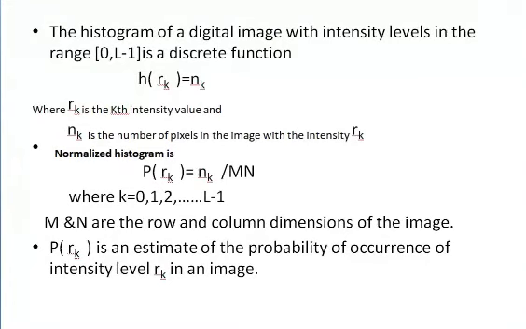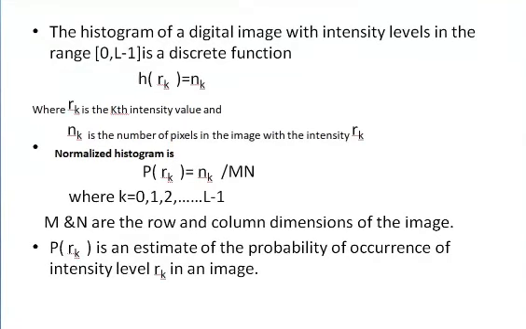Coming to the definition of the histogram in digital image processing, consider one image with intensity levels 0 to L minus 1. The histogram is a discrete function: h of rk equals nk. What are nk and rk here? rk is the kth intensity level.